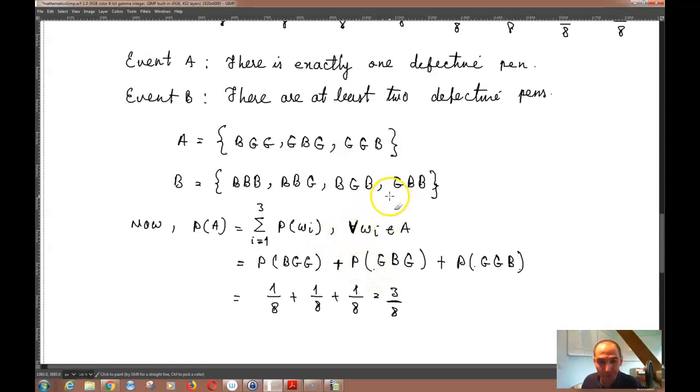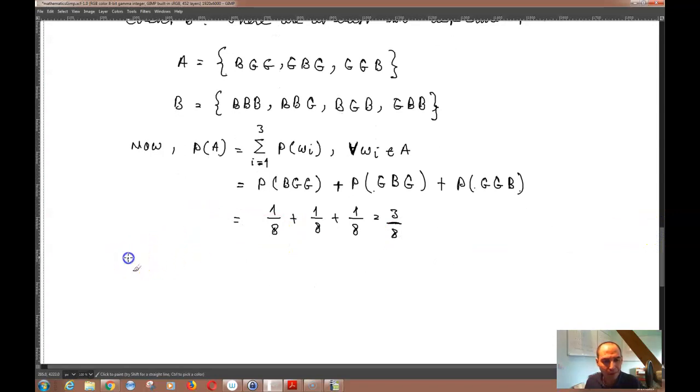And P of B is equal to sigma P of omega of i for each omega of i belonging to B, as, for example, i goes from 1 to 4, right?